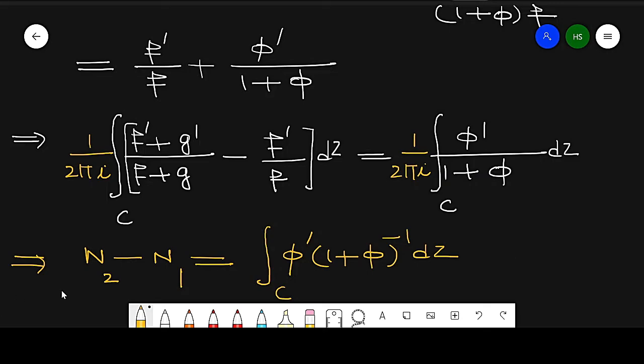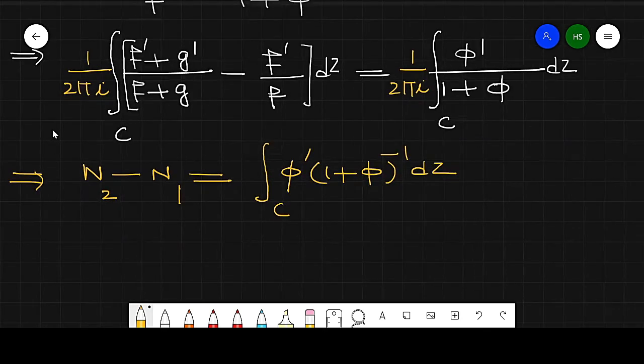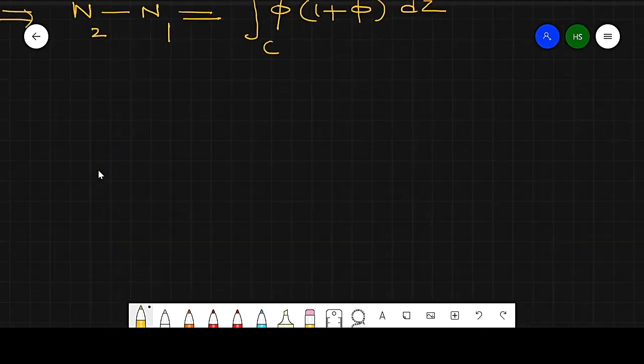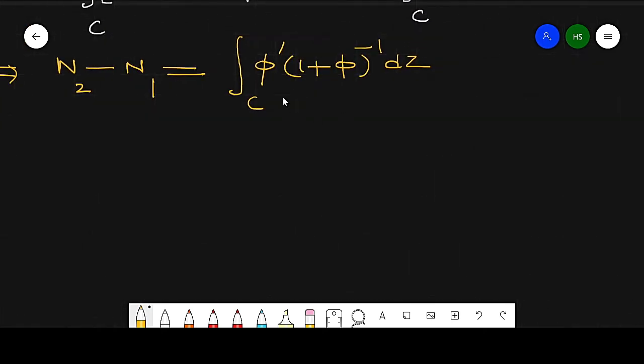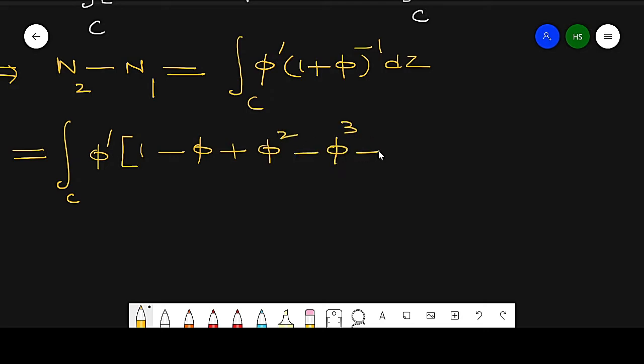Now on the right hand side, since modulus of phi is less than 1, I write it in the form of binomial expansion, which is the integration around C of phi dash into bracket 1 minus phi plus phi square minus phi cube plus and so on up to infinity, into dz. Why is it possible?